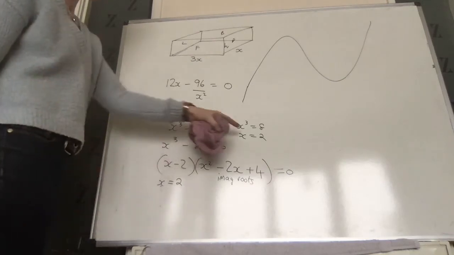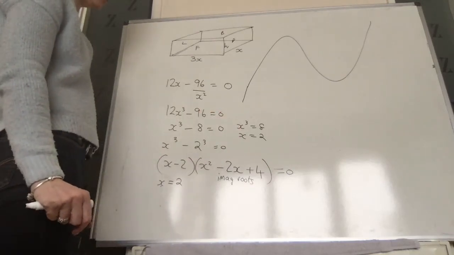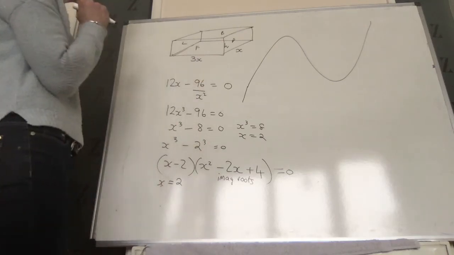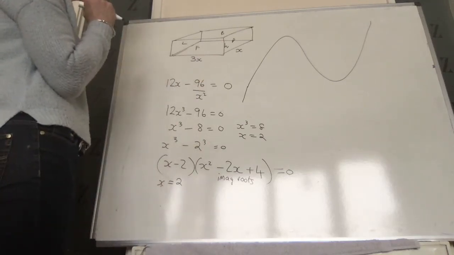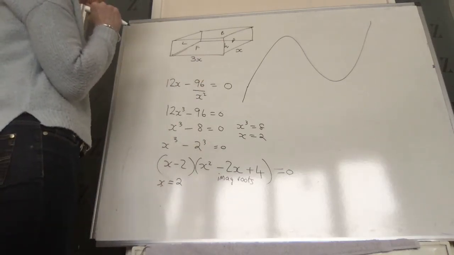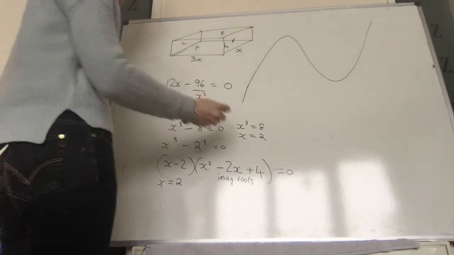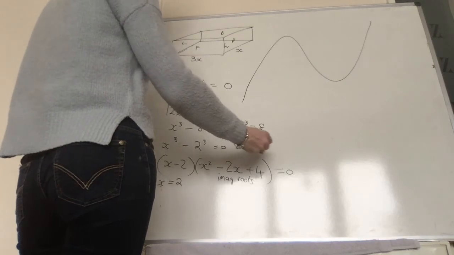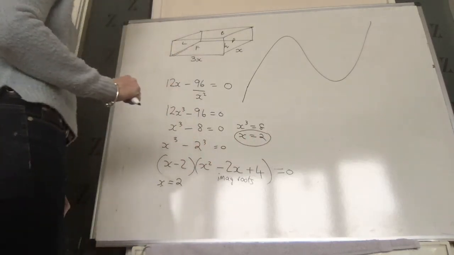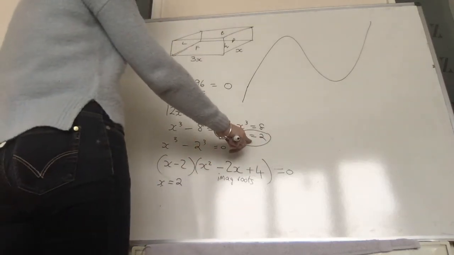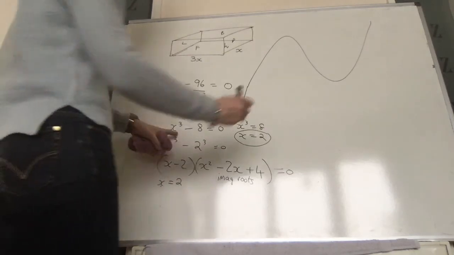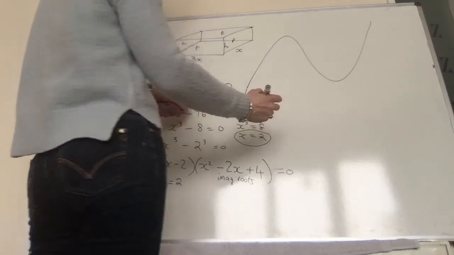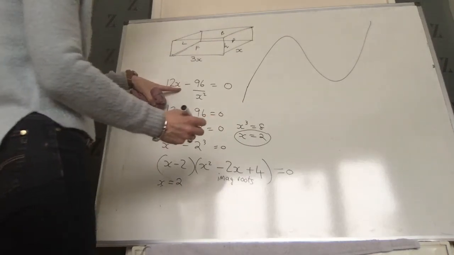So we now know that the value of x being 2 is what's going to give you your, now, is it your minimum or your maximum surface area? Technically, to make sure that it is your maximum or minimum surface area, you should differentiate a second time. So what do we get if we differentiate a second time? This was what we got when we differentiated the first time.